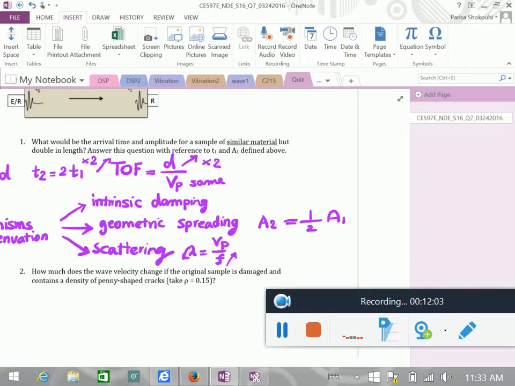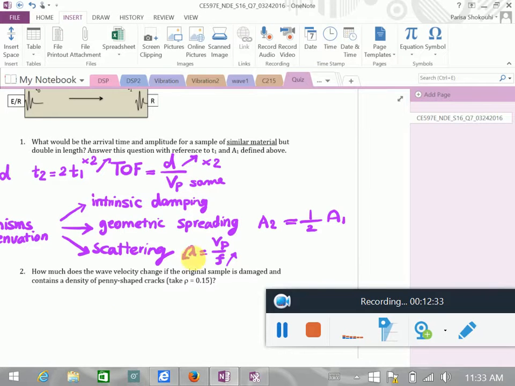Now, going back to our quiz, I guess we all agree that because of geometric spreading, if there was nothing else happening, the amplitude would be halved. Now, if we have more material, you also have more intrinsic damping, and you also have more scattering.